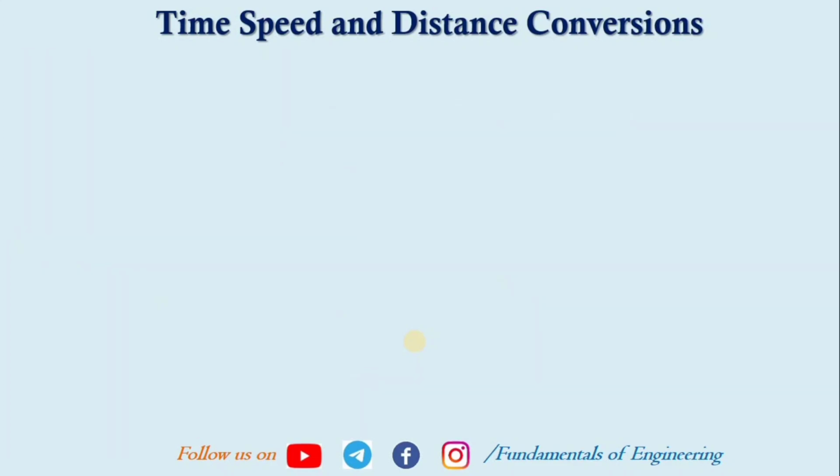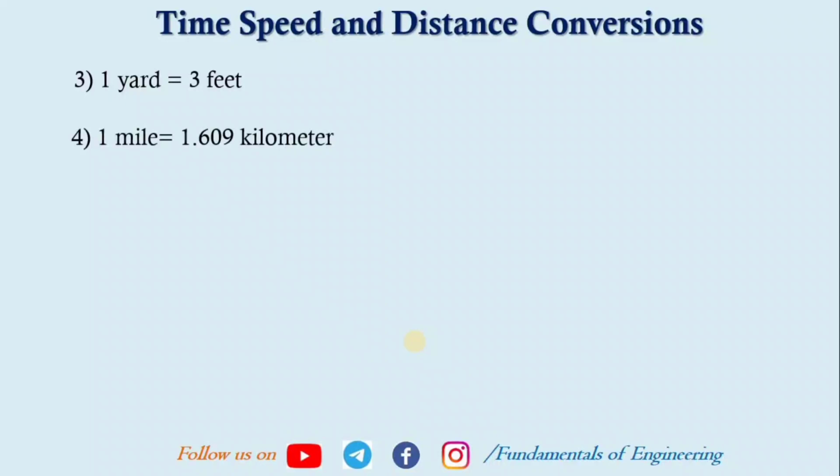Then there are other conversion factors that I have given: 1 yard is equal to 3 feet, and 1 mile is 1.609 kilometer. Sometimes the values are given in miles per hour and we have to convert into kilometer per hour. For that we require this relation, 1 mile is equal to 1.609 kilometer.